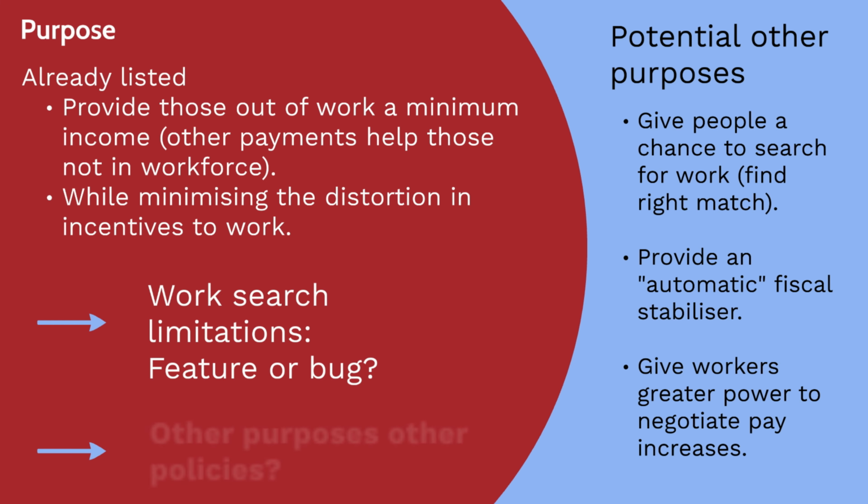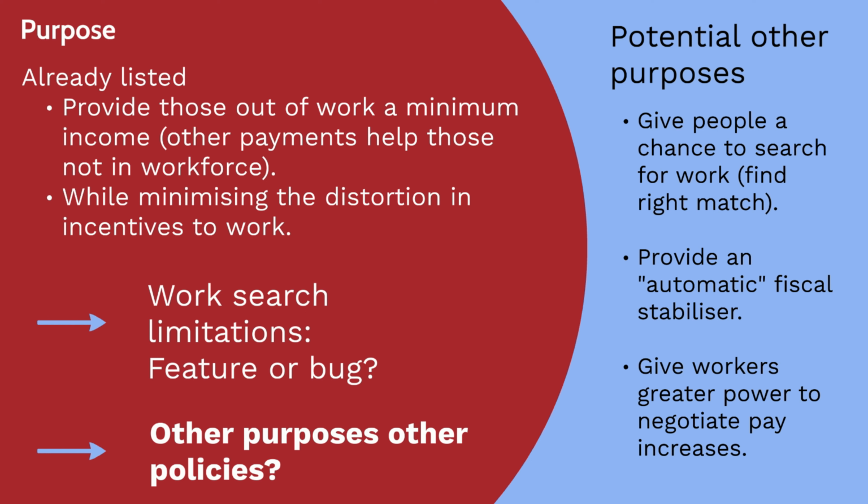Now, the thing economists often do here is they say the unemployment benefit is just about the minimum income for those looking for work and reducing distortions in the incentive to work, while other purposes require other policies. Now, I think that's a relatively strong argument, but these policies will interact with each other, and we should be clear about how an unemployment benefit affects these things.